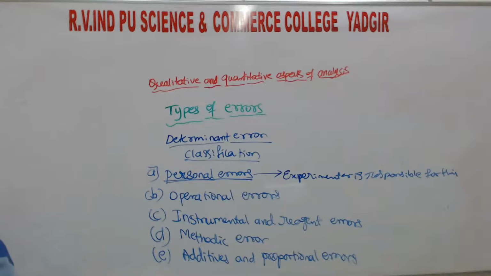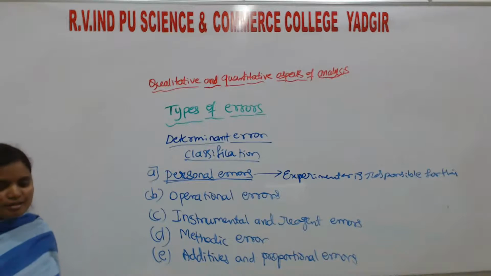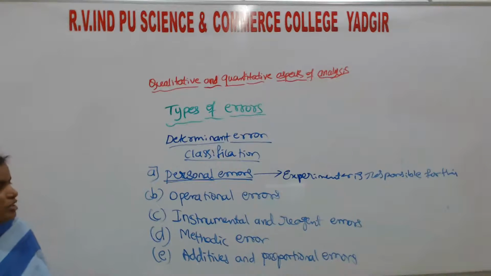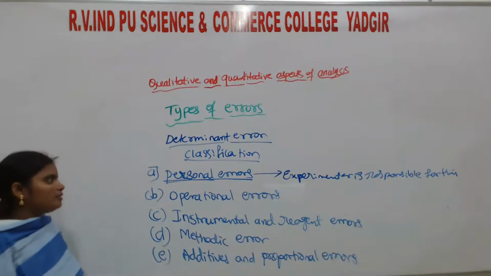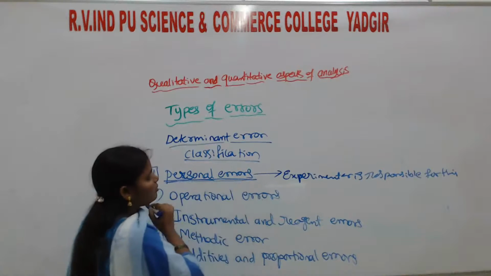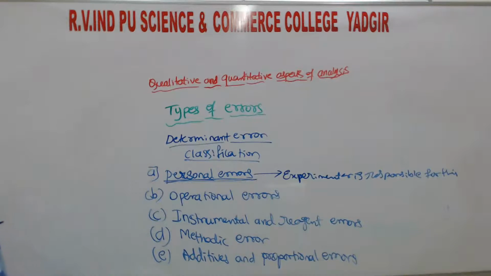The personal error may arise from the constitutional inability of an experimenter to make certain observations accurately. Some persons are unable to judge a short duration accurately.